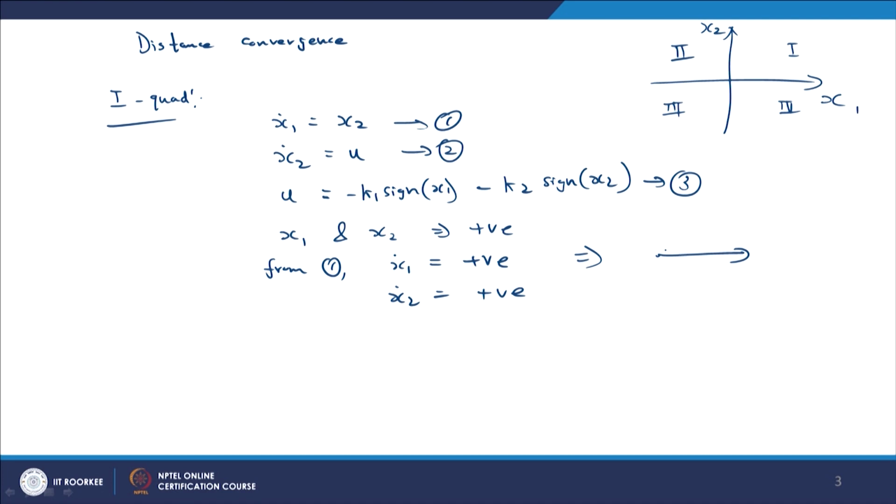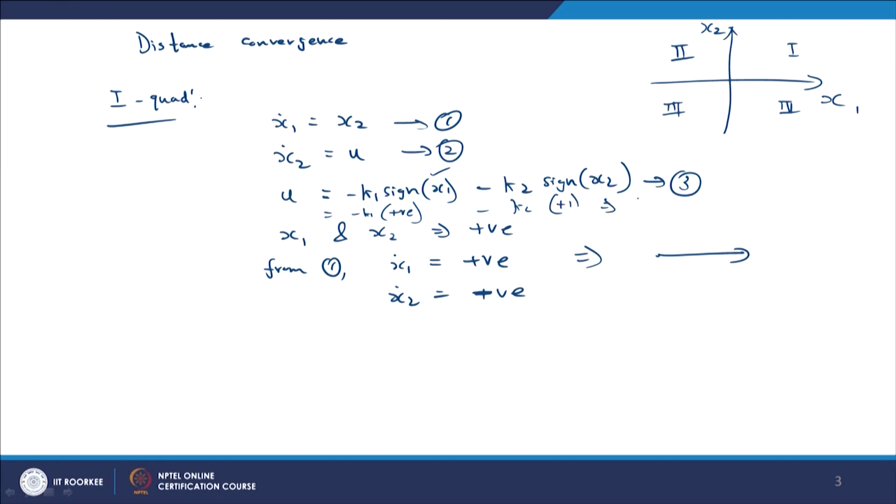Sorry, I made a mistake: x2 dot turns out to be negative, because when we substitute positive x1 and x2 in the u equation, equation 3, we have minus k1 into 1 minus k2 into 1.